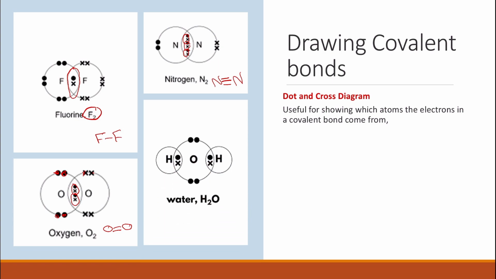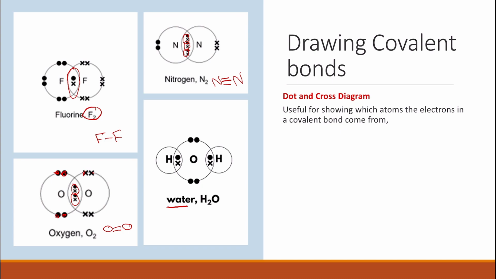We can also see covalent bonds in molecules of compounds, not just for elements. For example, for water, both hydrogen and oxygen share electrons to form covalent bonding. So when you have a molecule of water, hydrogen will only share one electron with oxygen, but the oxygen would need two electrons.